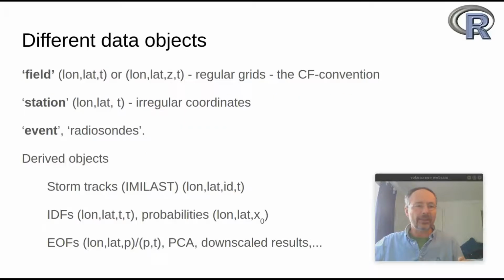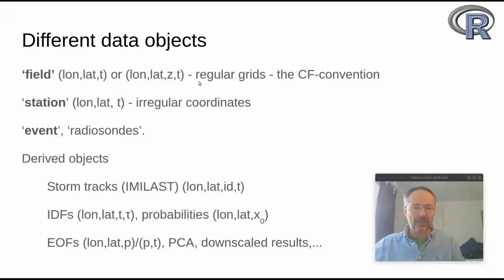So the different data objects: we have the field objects, which we have already seen, like the simulation of global warming. The field object covers longitude, latitude and time, and sometimes also a vertical coordinate.